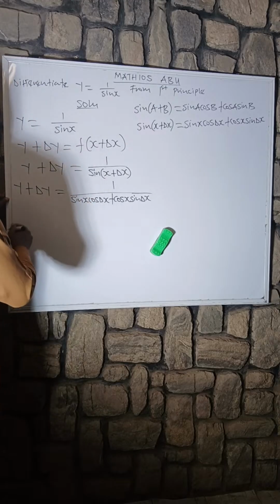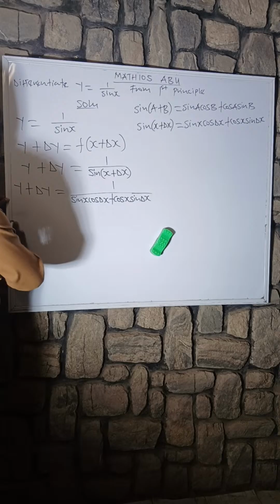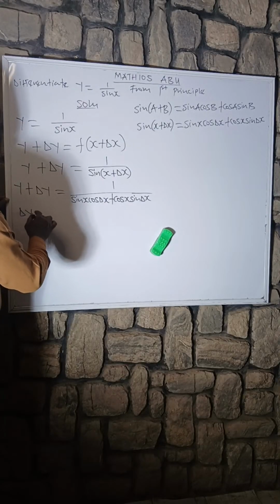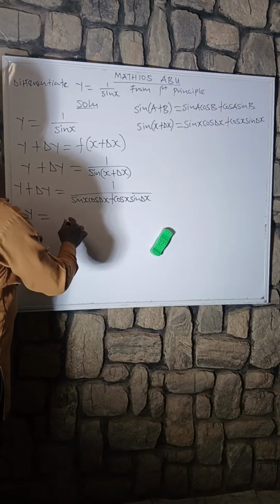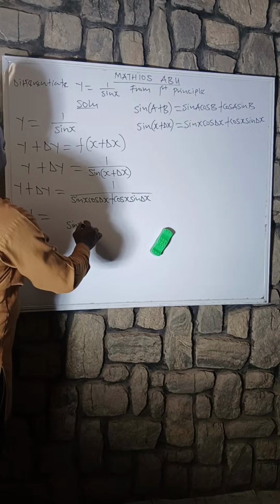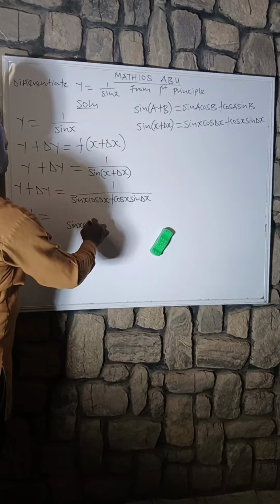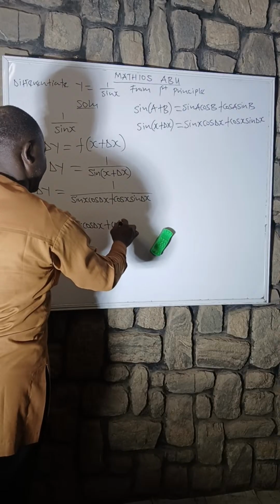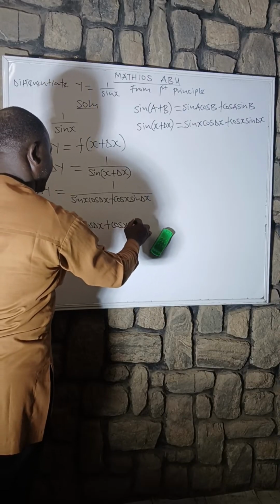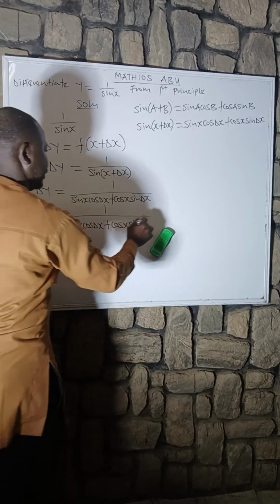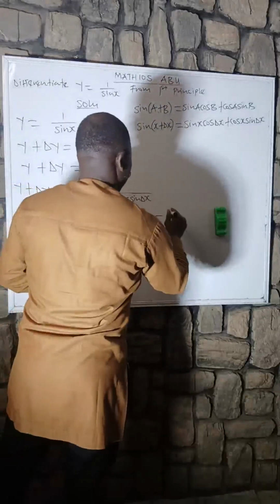So if you agree with me, it means y minus y here will be 0, here will be dy is equal to 1 over sine x cos dx, then plus cos x sine dx, 1 over minus y.